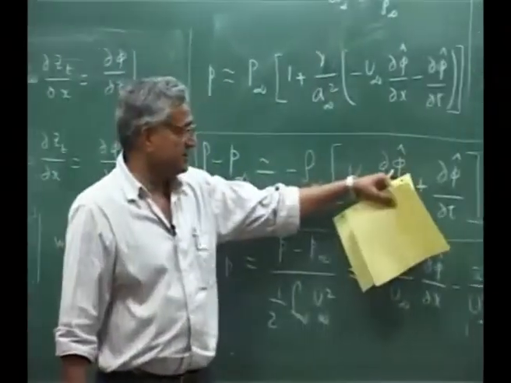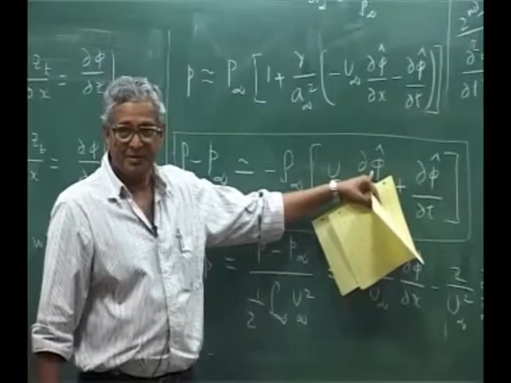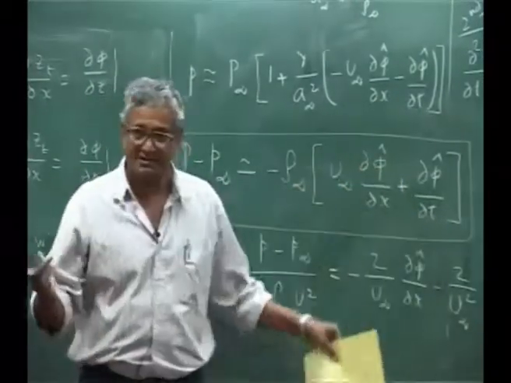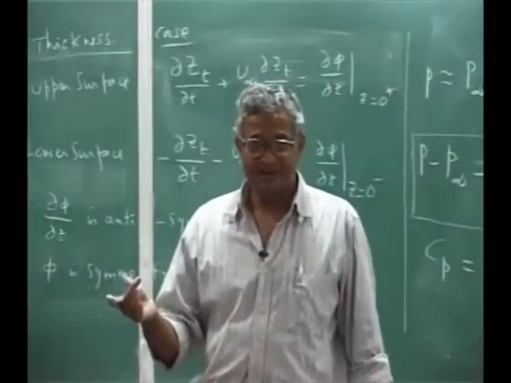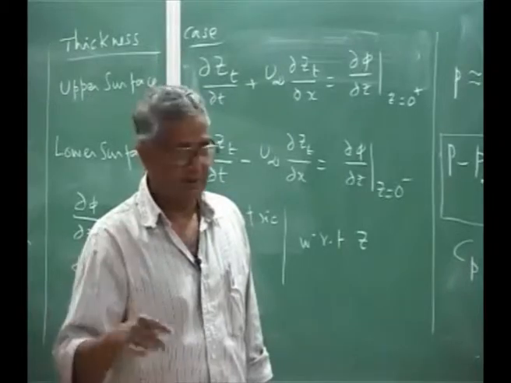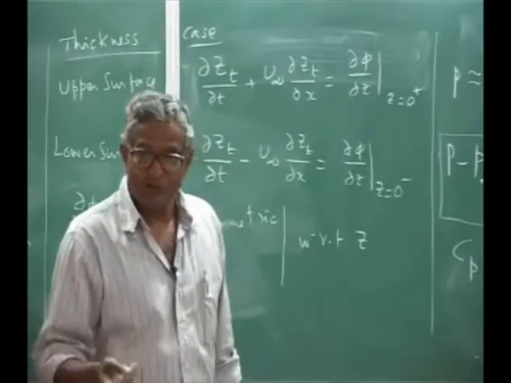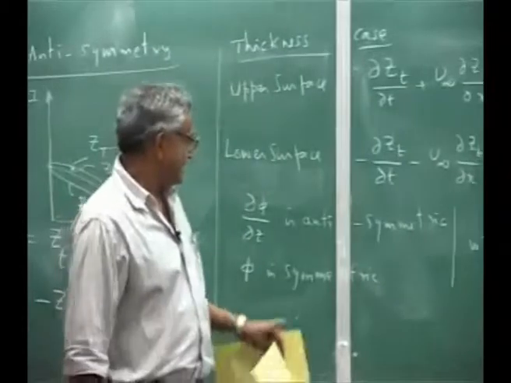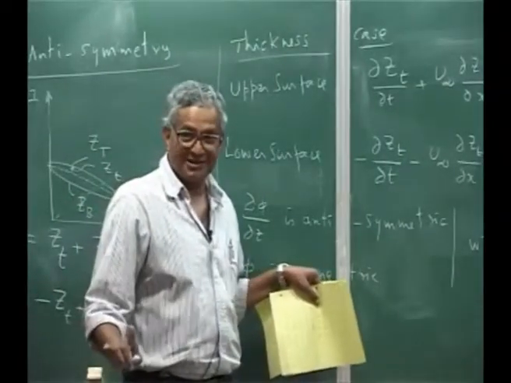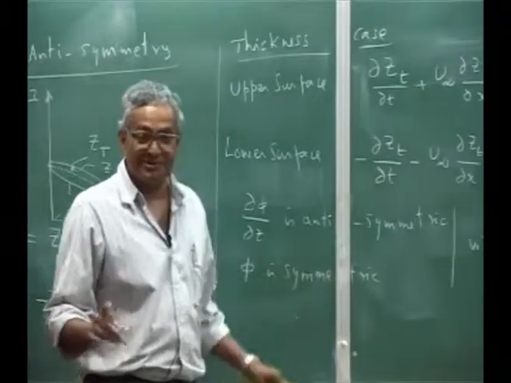But my phi is symmetric with respect to Z, and delta phi by delta X is the same. That means at 0 plus and 0 minus, it will have the same value. Therefore, it will not give me any lift. I cannot get any lift because of the thickness.